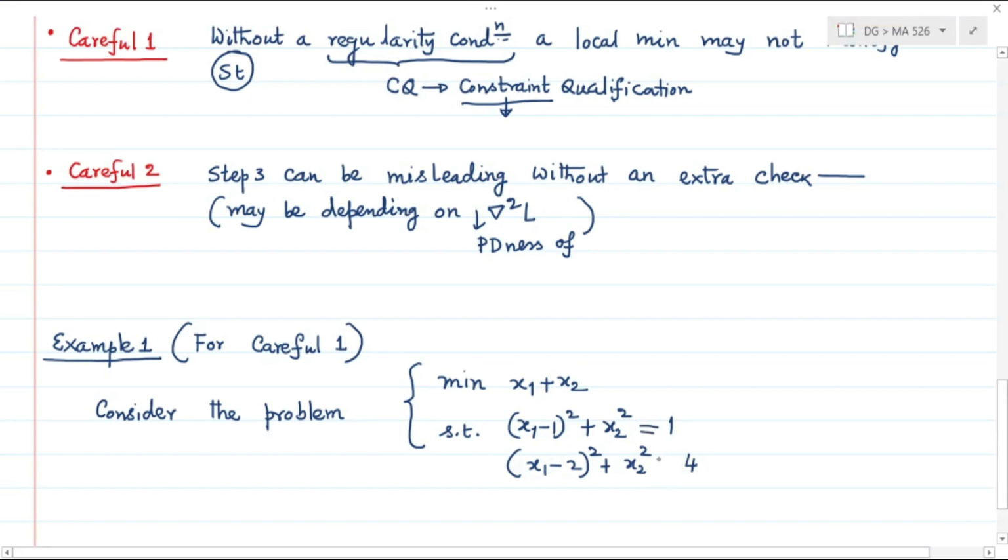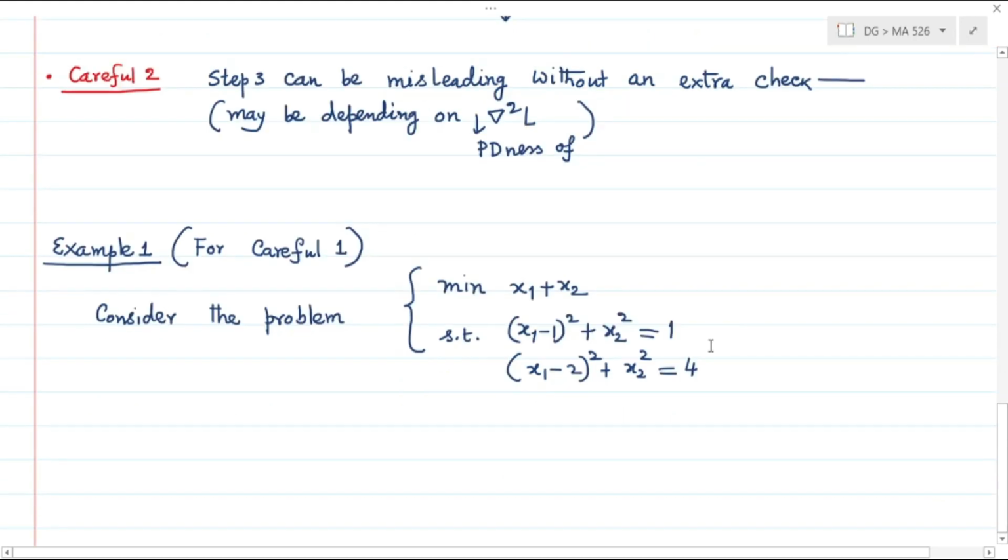and by a quick graph of these constraint functions h1 and h2, you can find what is a solution for this problem. Obviously the solution of the problem is the origin, because origin is the only feasible point here. Because if I just quickly draw the graphs for the first and the second constraints, then you will find the following graph.